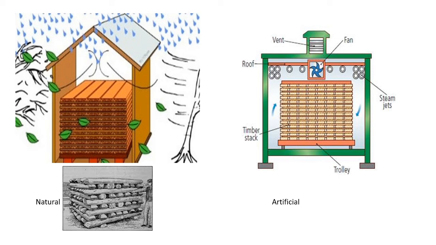So this is our natural type of seasoning, and this is our artificial type of seasoning, where you can see that the timbers are stacked in a controlled room where the temperature is controlled, there is ventilation, there is a fan. This is done so that the durability of the timber can be increased.